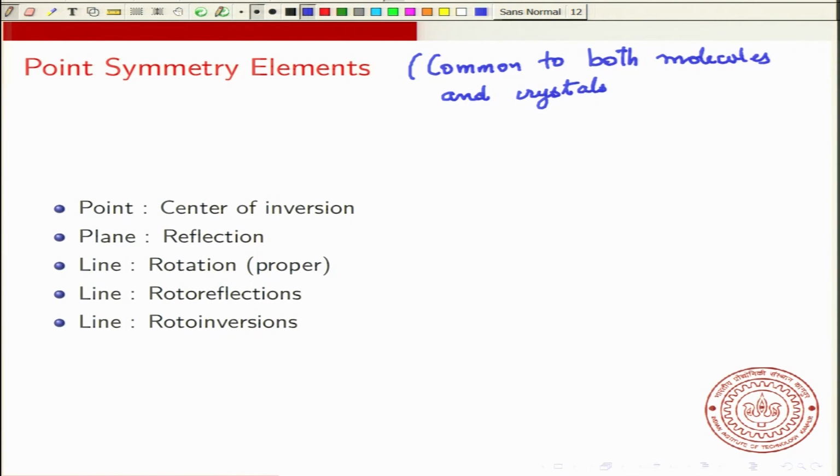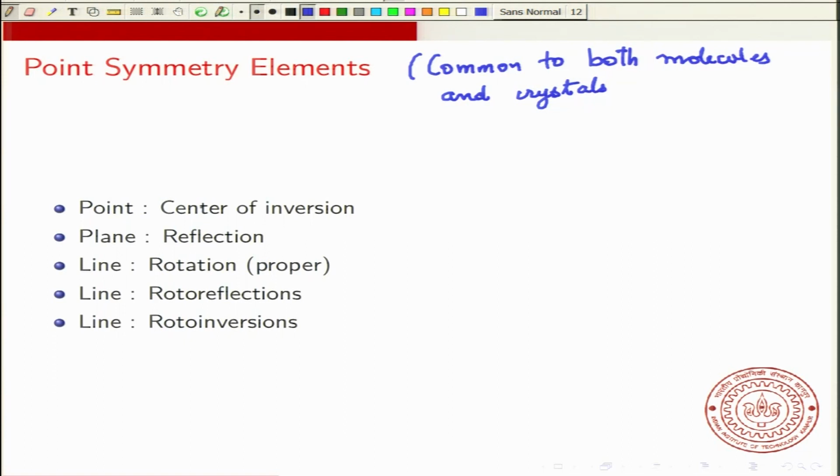So, we have seen these symmetry elements called point symmetry elements. What are the symmetry elements that we have seen? A geometric point is a symmetry element, and that generates a symmetry operation called the center of inversion.